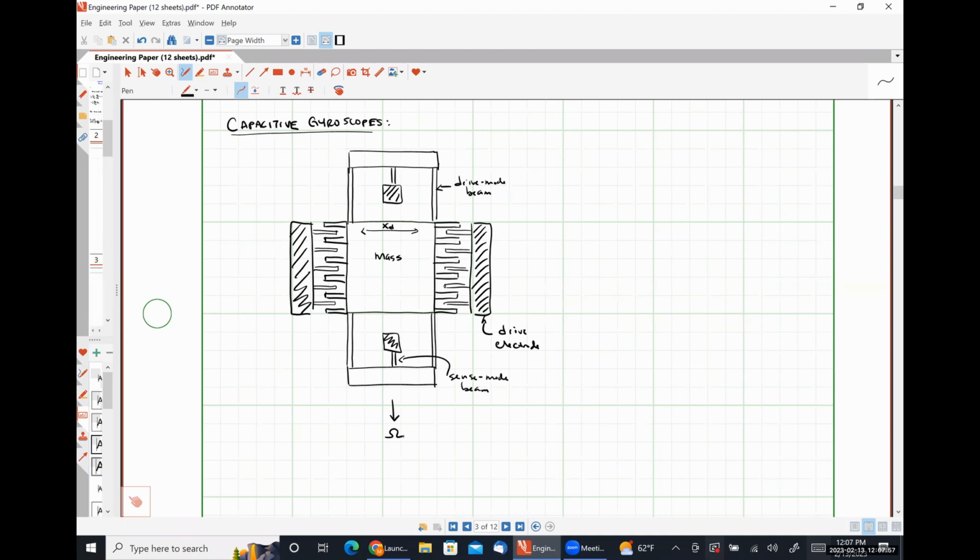Where I'm going to do this in a different color. If we put a plate underneath here, and our plate needs to be big enough that effectively our capacitance does not change as our structure moves from left to right.